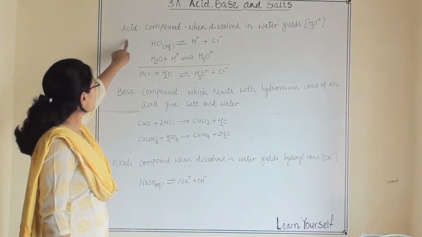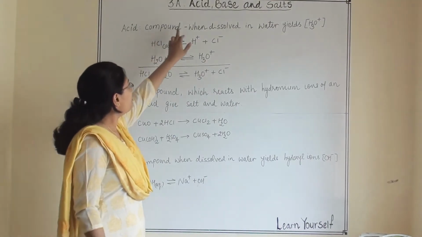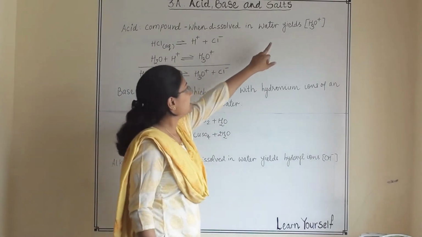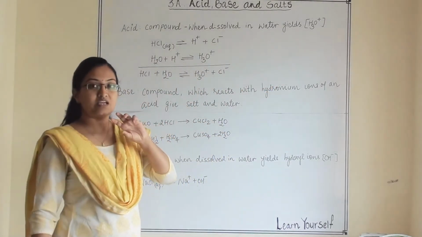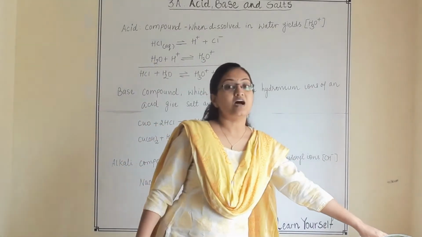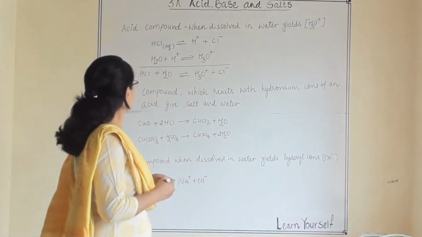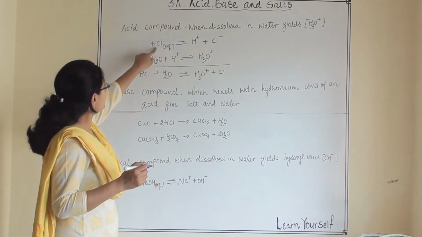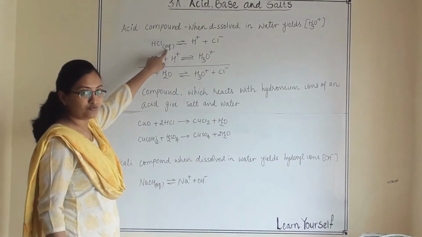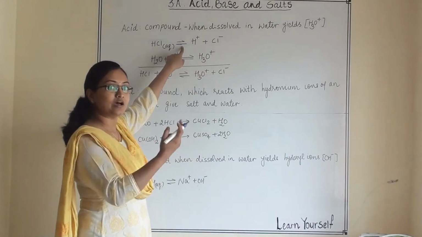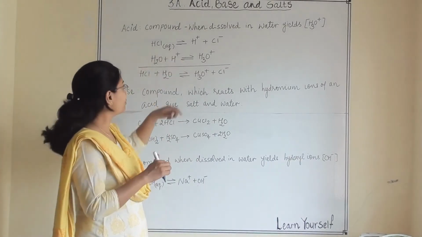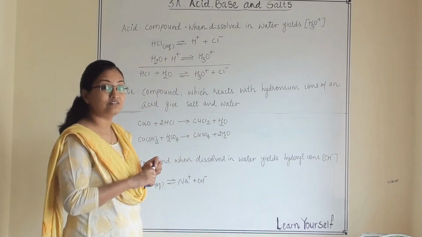First it is acid. A compound when dissolved in water yields H3O+. What is H3O+? H3O+ is hydronium ion. So HCl, it's in aqueous phase. It's a reversible reaction. When arrows are in both directions, it shows that this reaction is reversible.